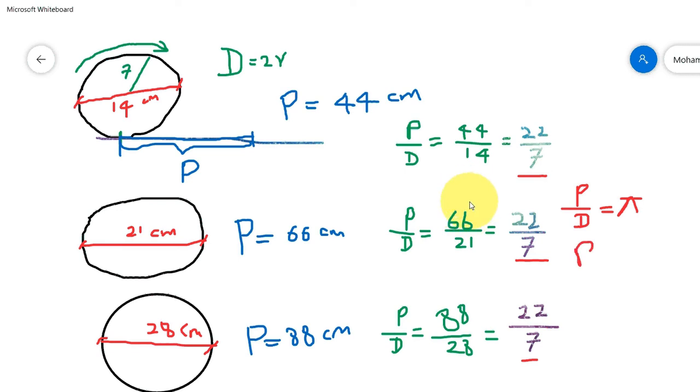So you get P equal to pi into D, that means perimeter equals pi into D. D is none other than 2 times radius, so D equals 2R. Your P is now 2 pi R. This is how we obtain the equation of perimeter for the circle.